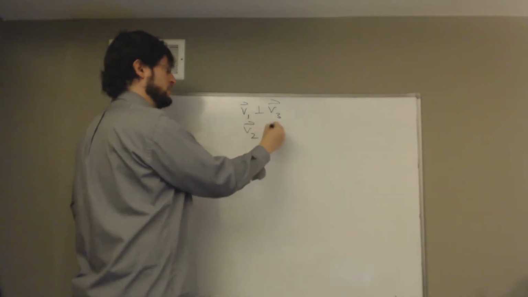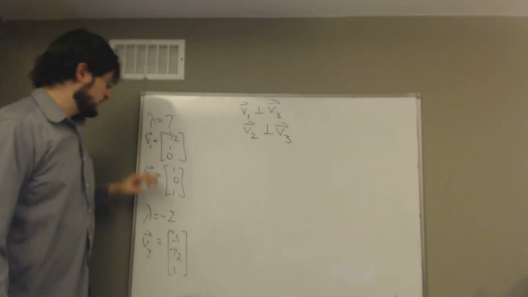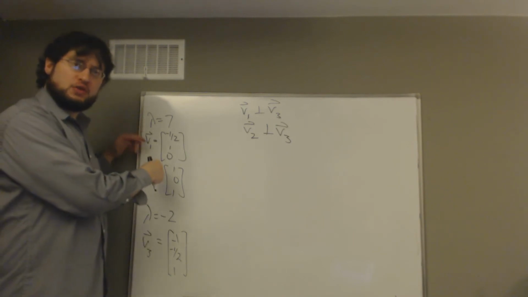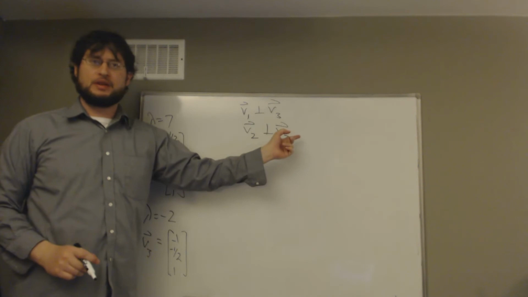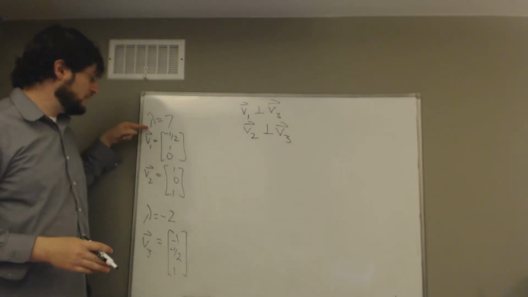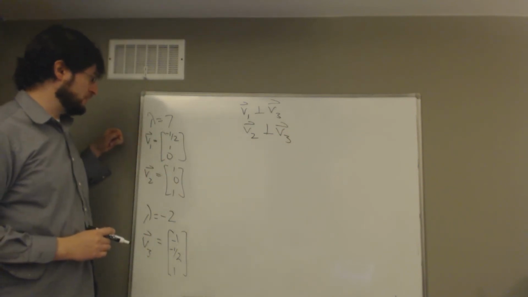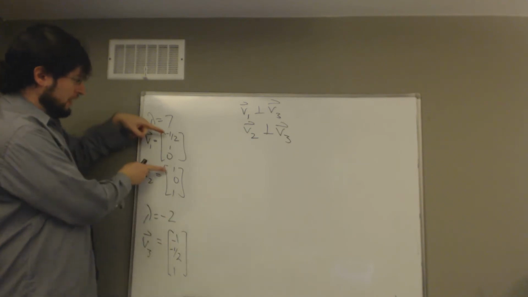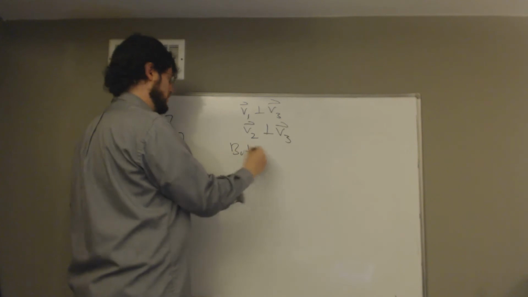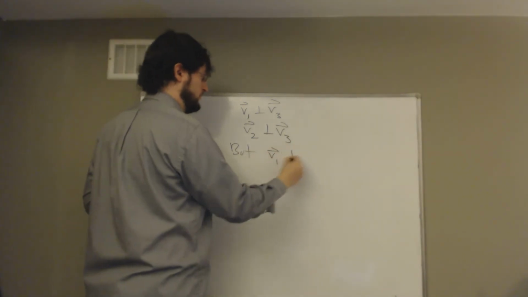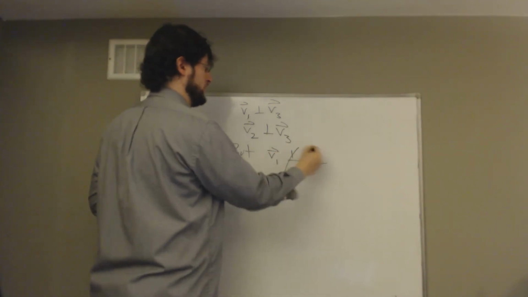So v2 is perpendicular to v3. So our eigenvectors corresponding to distinct eigenvalues are already perpendicular. That's great. However, v1 is not perpendicular to v2, because if I dot these, I get negative 1/2, 0, and 0. So this one is not perpendicular to v2.